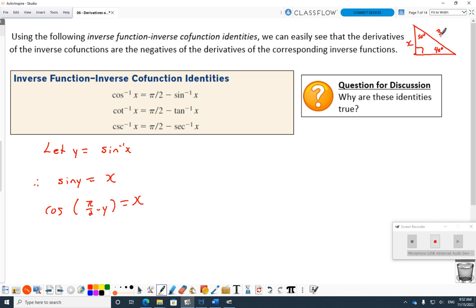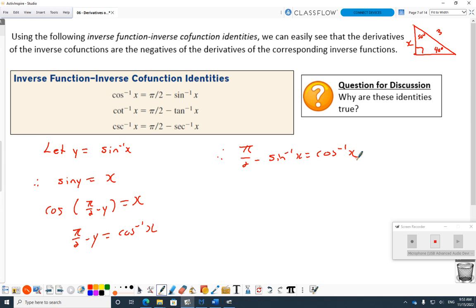Sine 40 equals cos 50. Those two are the same things. So this is the transference of that. Then I can bring this back over by using cos inverse, and my final line is therefore pi over 2 minus sine inverse equals cos inverse.